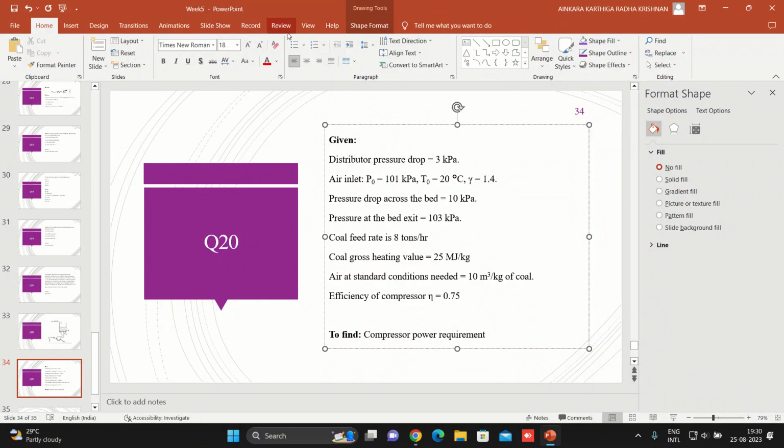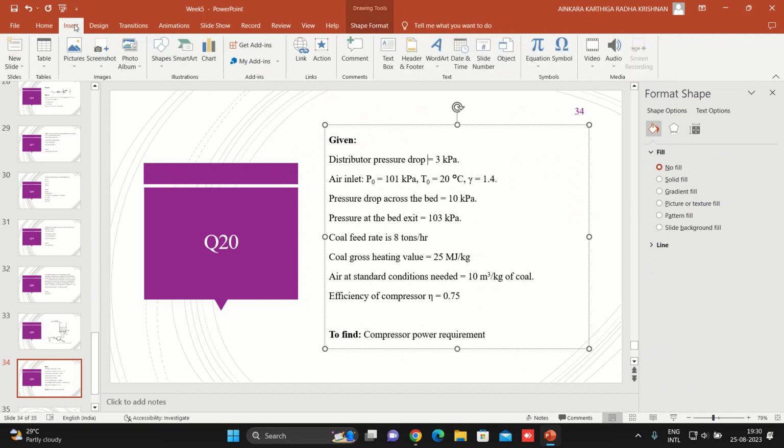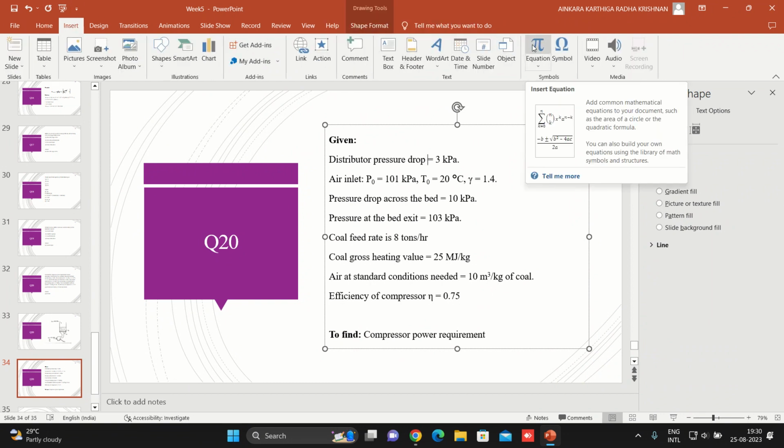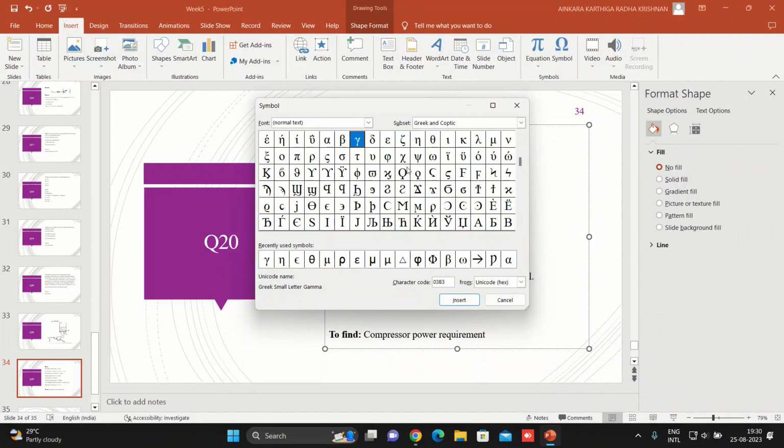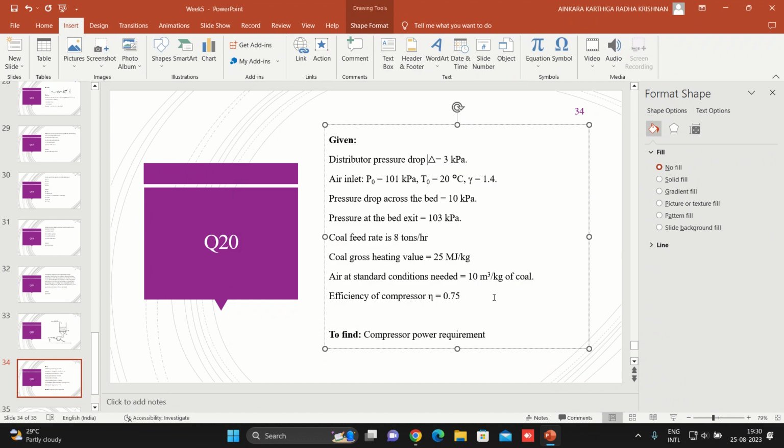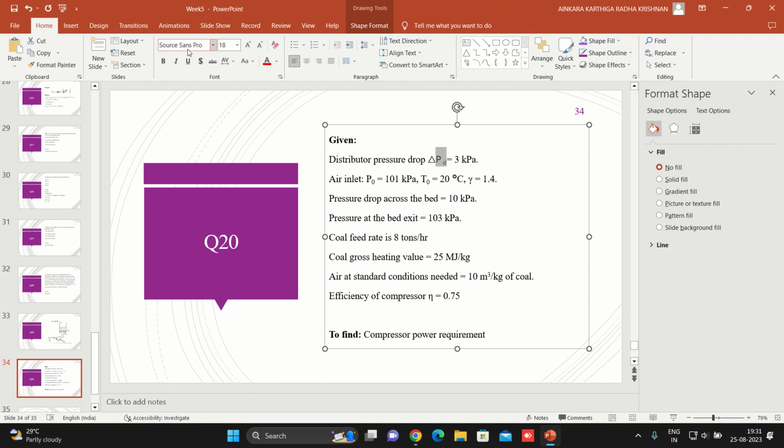So here it is, we'll keep the distributor pressure drop as delta PD, and pressure drop across the bed is delta PB.